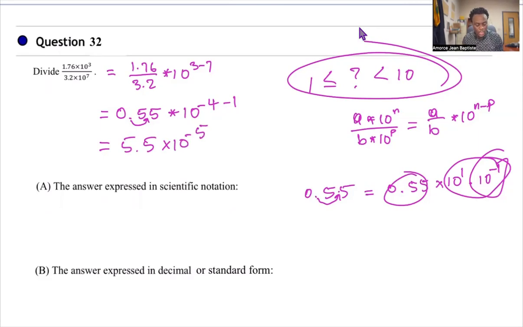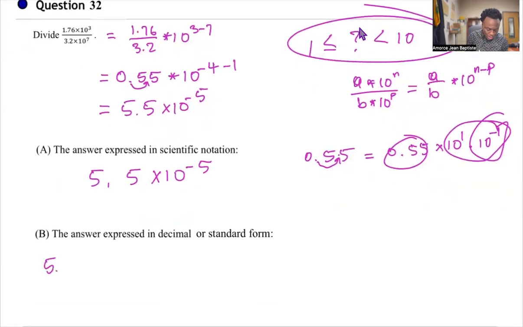And then if I want it to be in standard form, so that's the standard form, 5.5 times 10 exponent -5. Now 5.5 times 10 exponent -5, we have to move the decimal 5 times to the left.